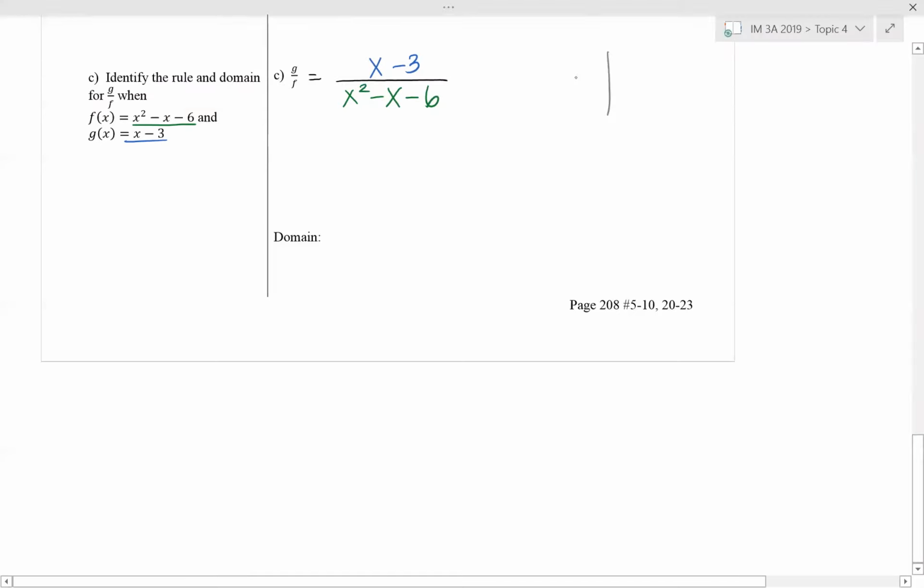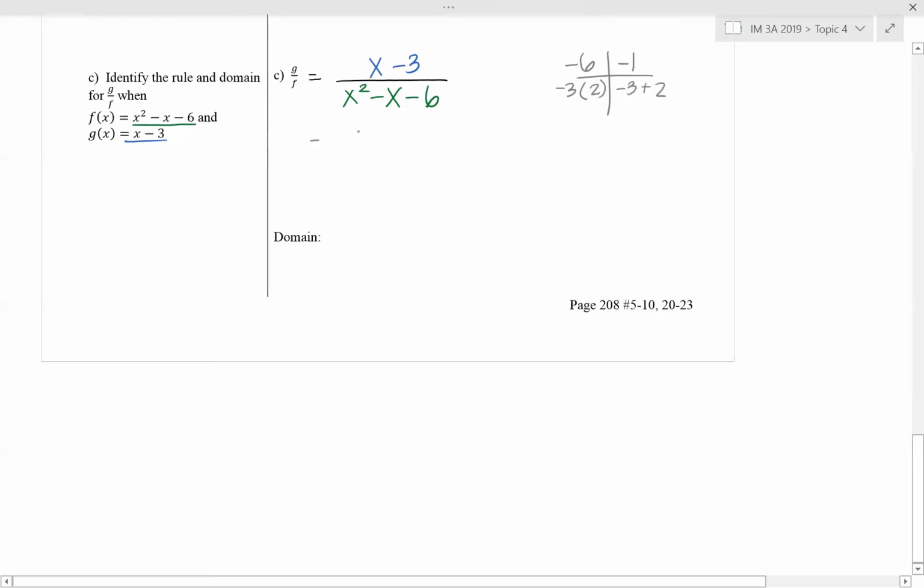But x squared minus x minus 6 is quadratic, and it's the nice quadratic where a is 1. I'm looking for numbers that multiply to negative 6 and add to negative 1. Those two numbers will be negative 3 and positive 2.